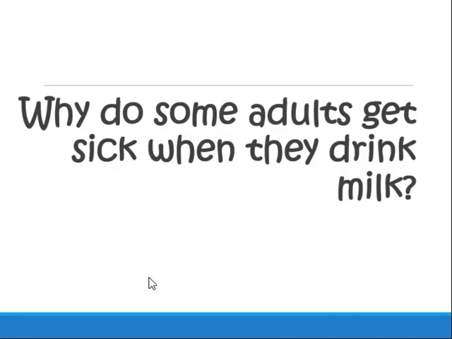Sometimes we can have either constipation or diarrhea depending on the symptom. So it's the bacteria that cause the symptoms of lactose intolerance because that lactose has not been broken down due to the deficiency of the lactase enzyme in our intestines.